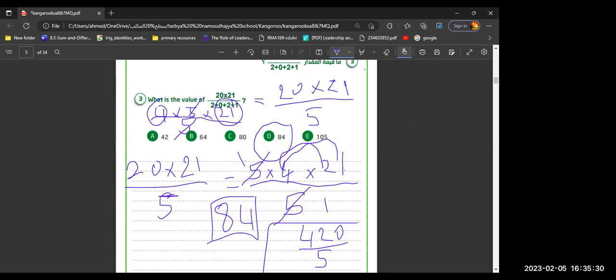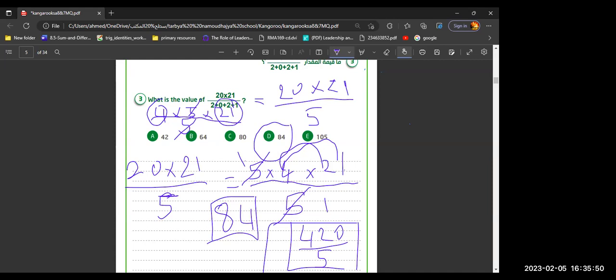You mean this expression? Yes, because 5 times 80 is 400, and 5 times 4 is 20. It will be 420. So it will be 84.